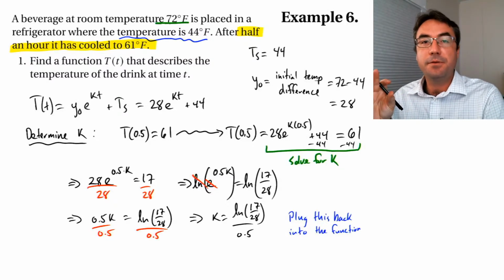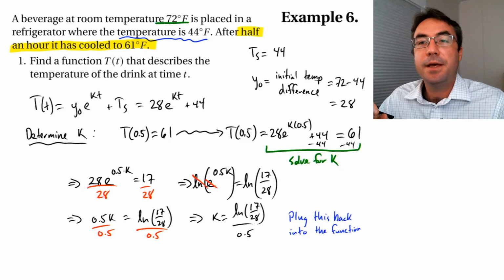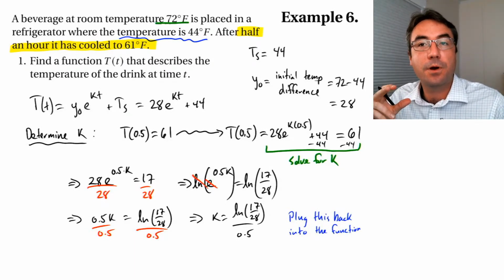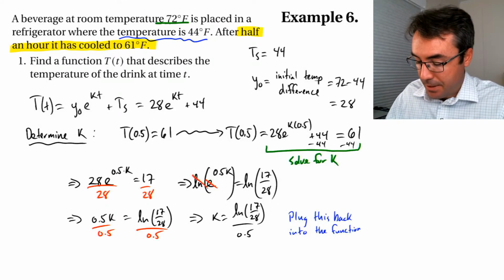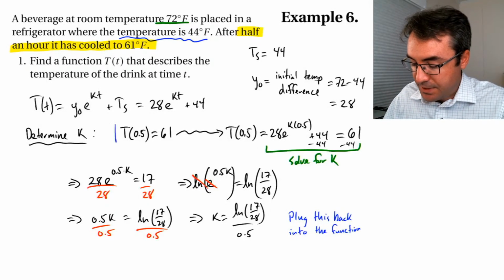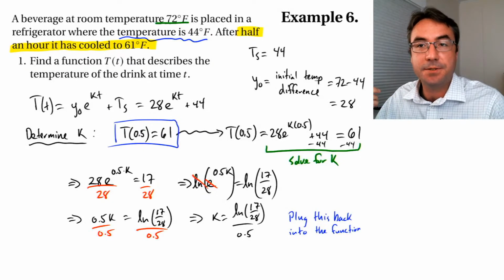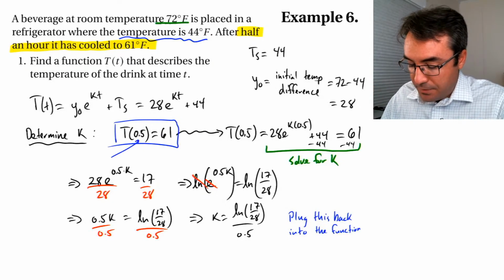One little thing to note here is we did make a choice about our units for T. Right here, when we set up this data point, we're using 0.5.